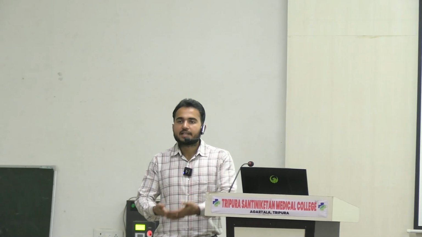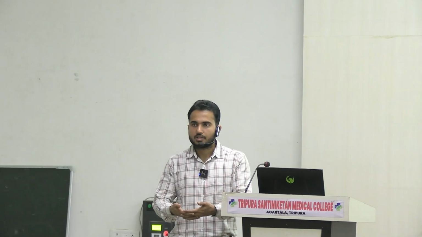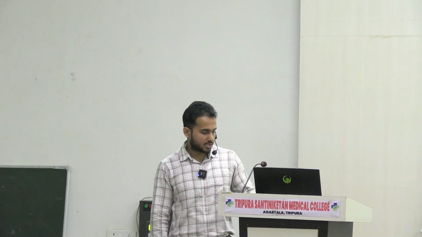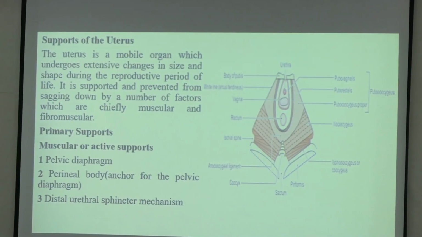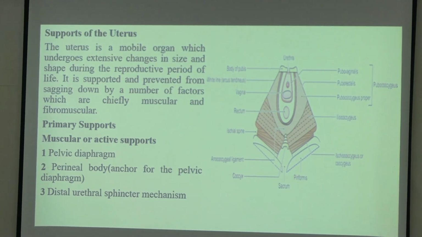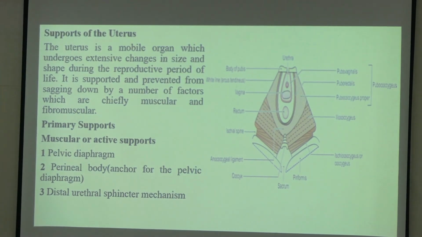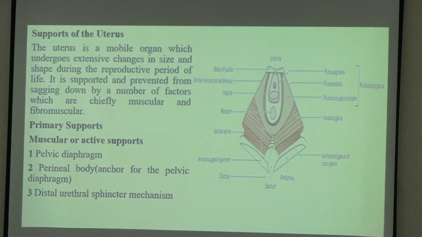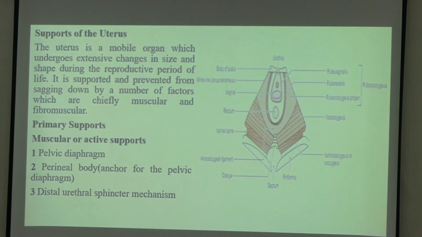Right? The pubococcygeus part of the pelvic diaphragm, as you can see in the diagram, is forming a sling around the vagina, and it is also partially attached to the perineal body and thus providing support to the uterus.